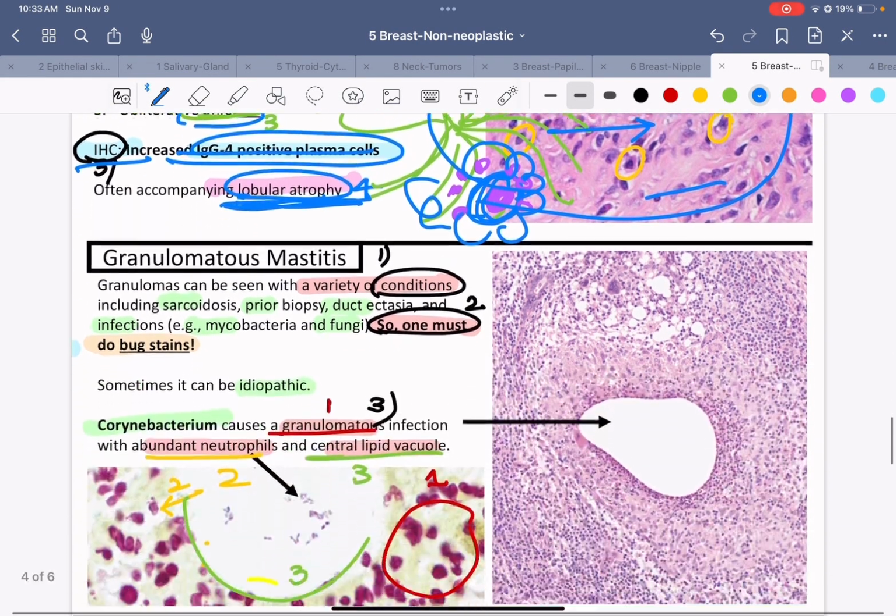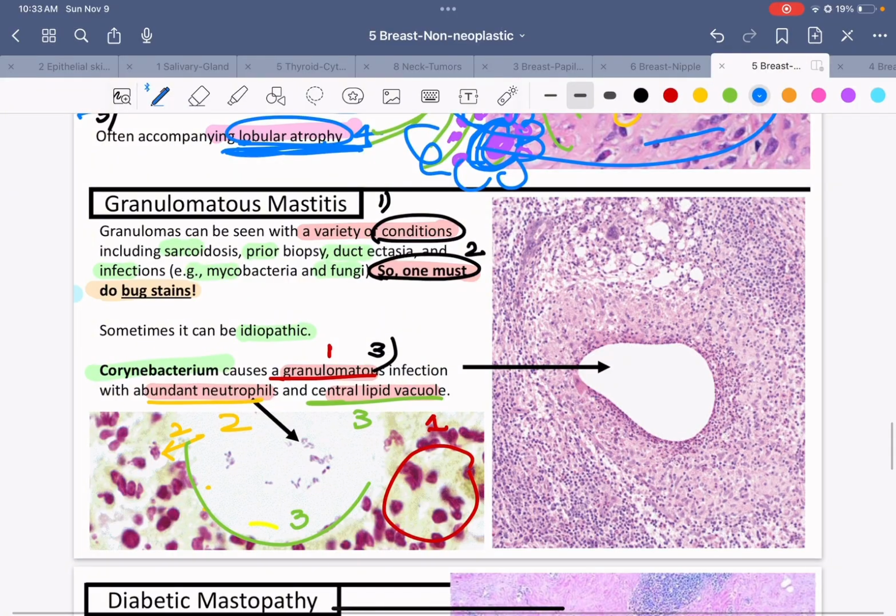Now moving on to our lesion 4 in our category of infectious or inflammatory non-neoplastic breast lesions, and this is granulomatous mastitis.